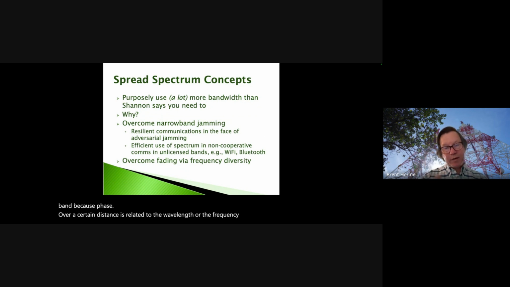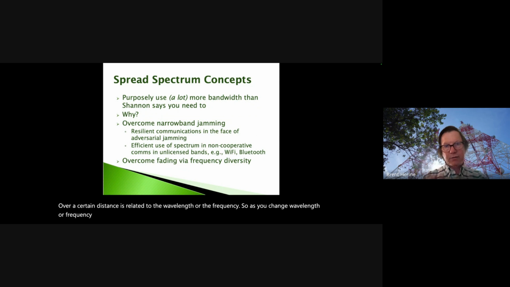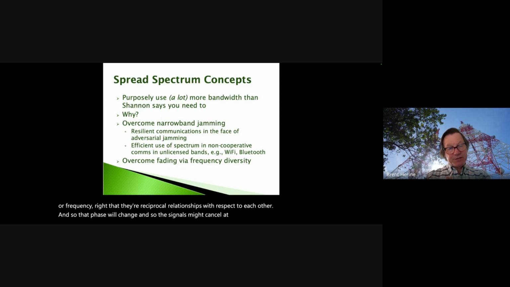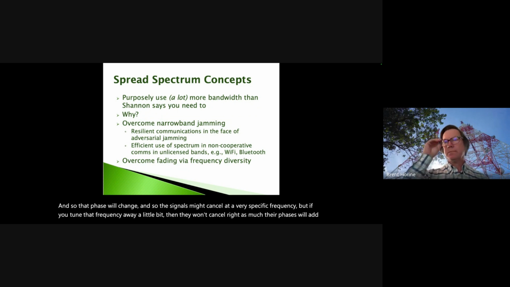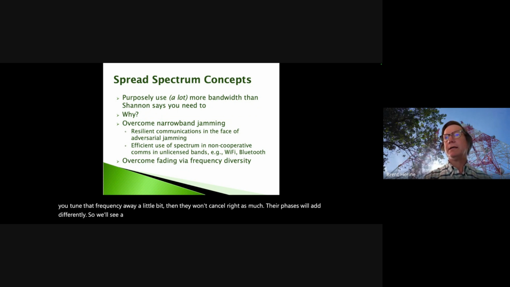So as you change wavelength or frequency, right, there are reciprocal relationships with respect to each other, and so that phase will change, and so the signals might cancel at a very specific frequency, but if you tune that frequency away a little bit, then they won't cancel, right, as much. Their phases will add differently. So we'll see a picture of that in a second.